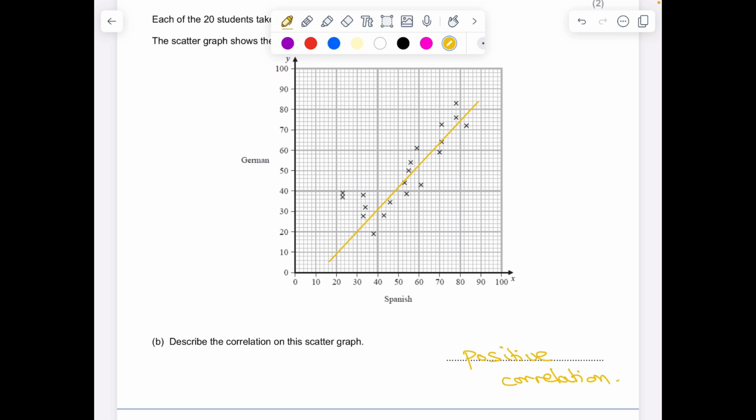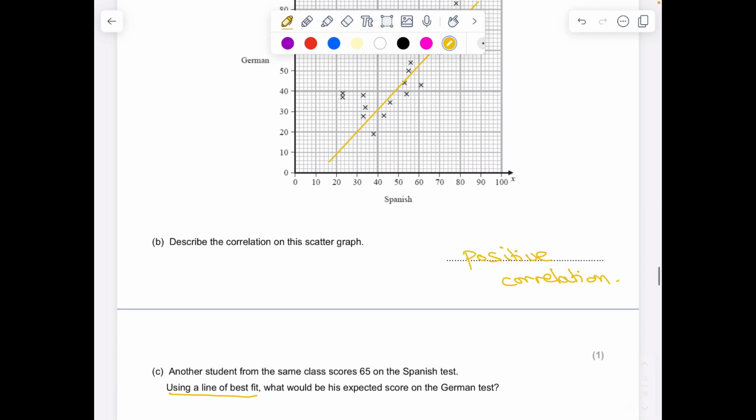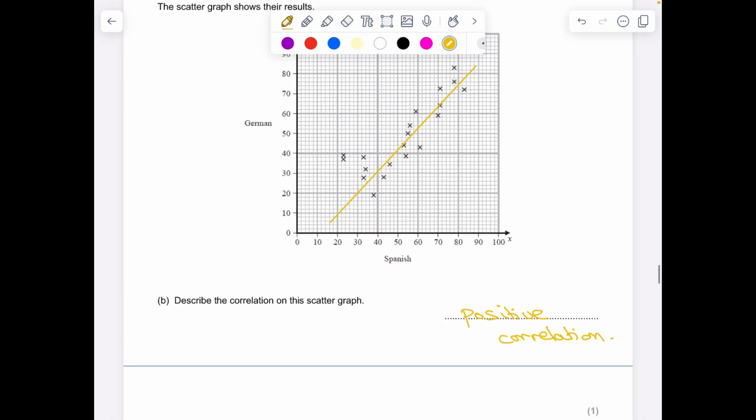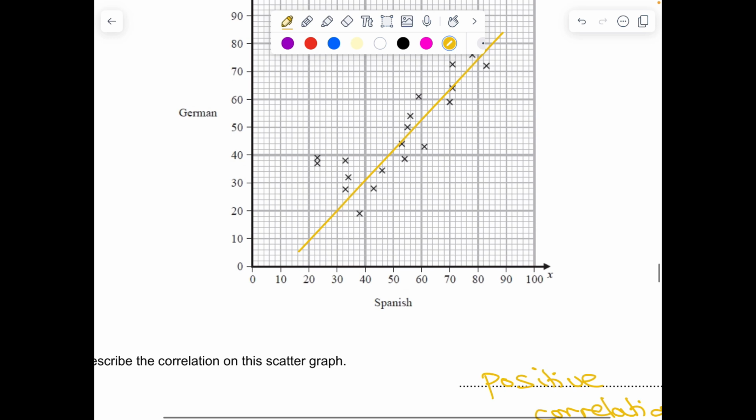So roughly as many above as below the line. It's not going to be perfect, and it does not need to go through 0, 0. So we need to estimate if they got 65 on their Spanish test. So if they got 65, which is here.